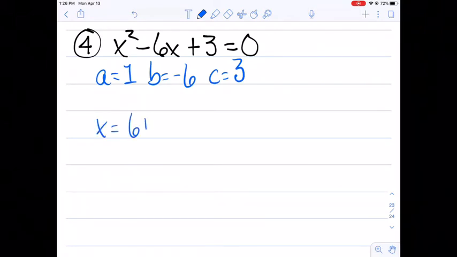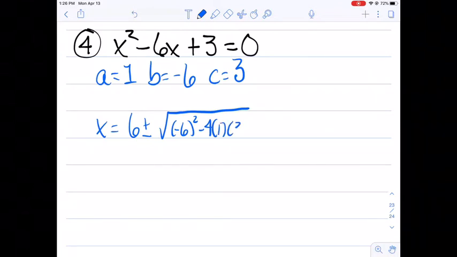X equals the opposite of B, which is 6, plus or minus the square root of negative 6 squared minus 4 times 1 times 3, all over 2 times 1.